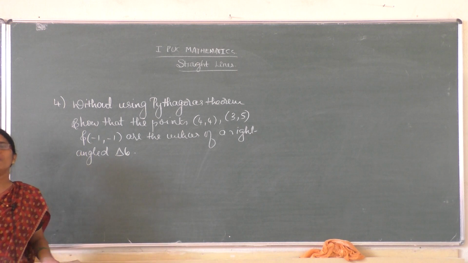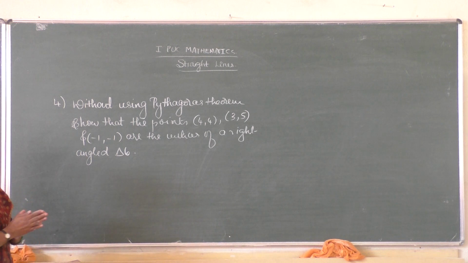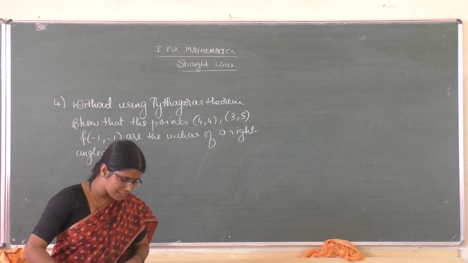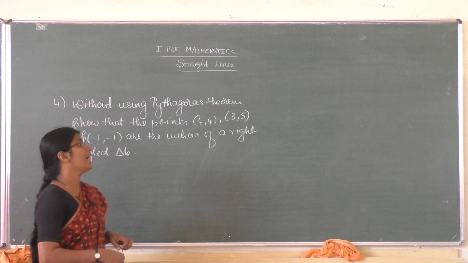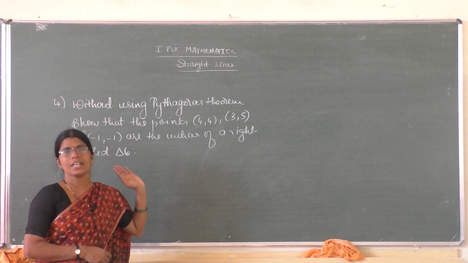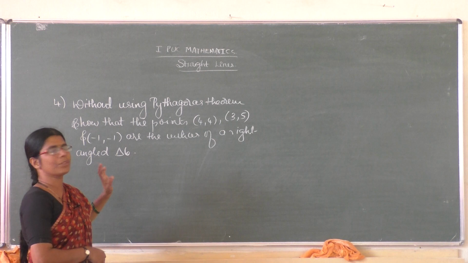See, whenever the name right angle triangle comes, we always use Pythagoras theorem. That is the easiest way to show that a triangle is a right angle triangle, a very well known theorem, correct?